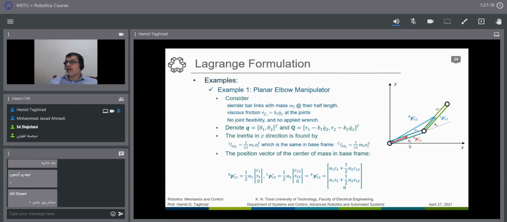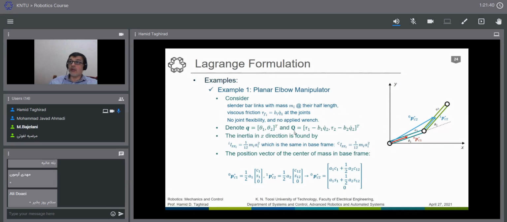So we consider that the center of mass is at the half length, A1 half and A2 half. We consider that there is some viscous friction at each joint, and we also have some torques here and here. So the q's are simple, theta 1 and theta 2, for the 2R.